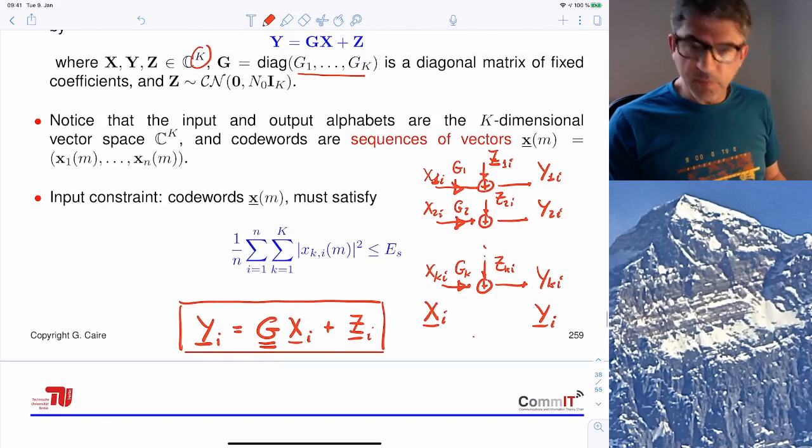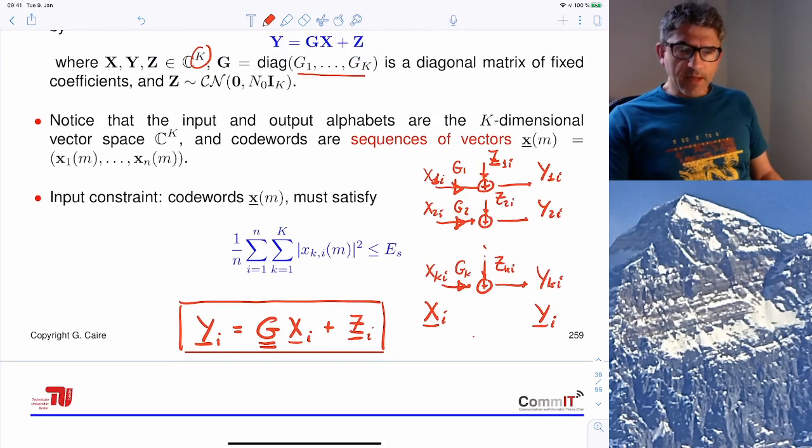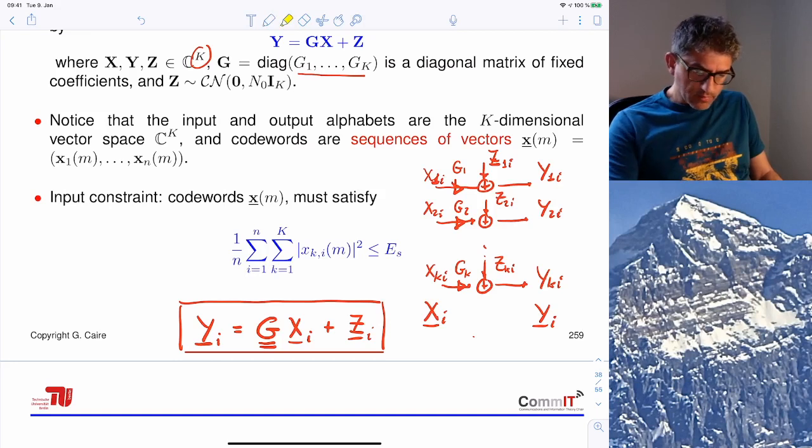And what makes this problem interesting is that now there exists a total energy per symbol constraint that goes across the channels. So in other words, we have a total energy budget to spend in one symbol, which is this ES, indicated as before.